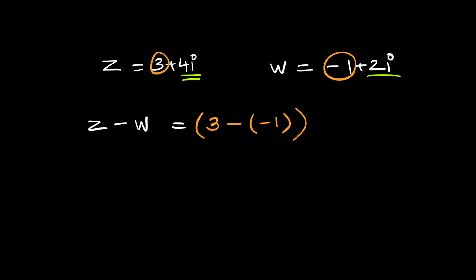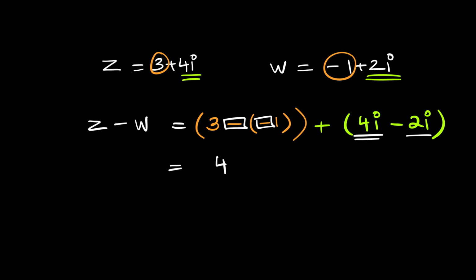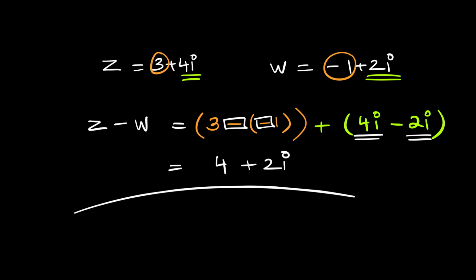Similarly, for the imaginary part, 4i minus 2i. So overall, we are getting 3 minus minus 1, that is 4, and 4 minus 2, that is plus 2i. So we are getting another complex number, 4 plus 2i.